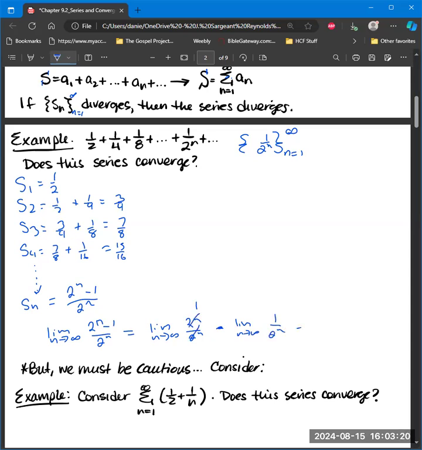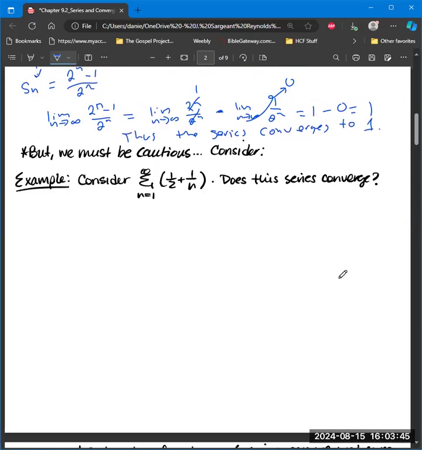This is going to be 1 minus, that's going to go to 0, which is 1. Thus, the series converges to 1.